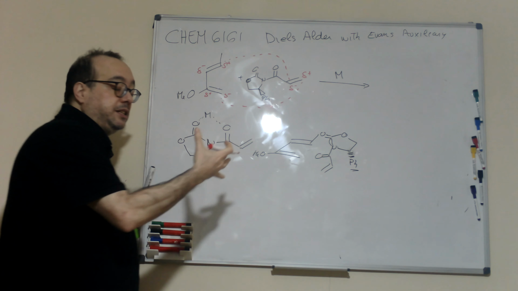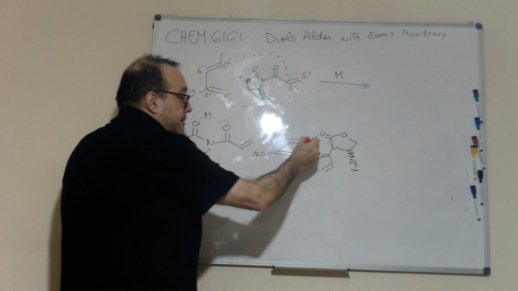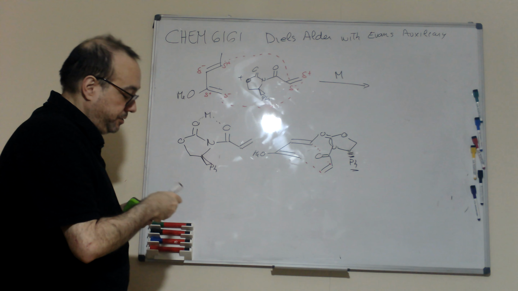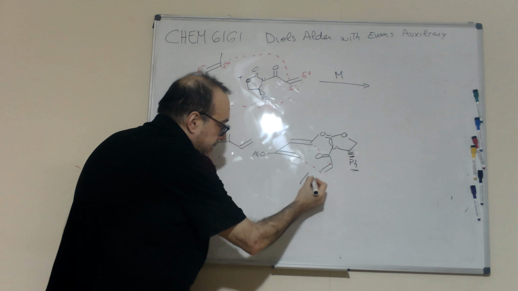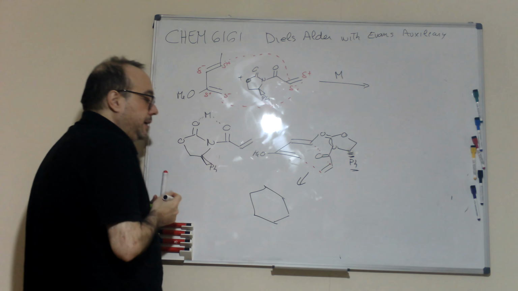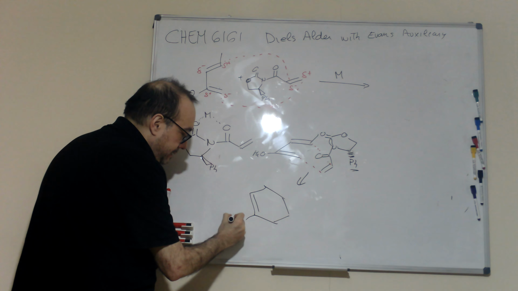Once we know which is the face where the double bond is approaching, we do the reaction. That means this will give the six-membered ring. I put the methoxide.